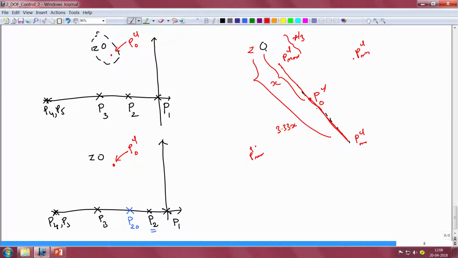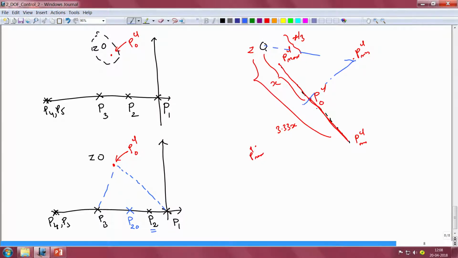in such a manner that the triangle described by the points PCL naught, P1 and P3 is similar to the triangle described by the points Z, PCL min and PCL max.